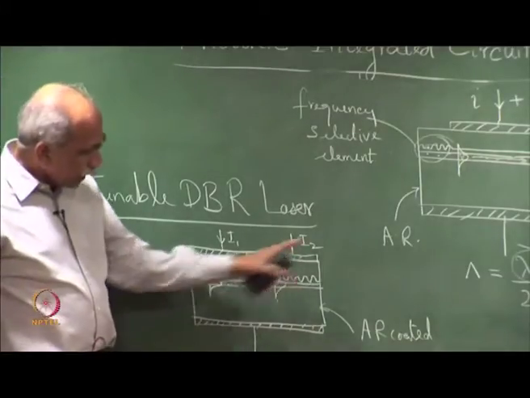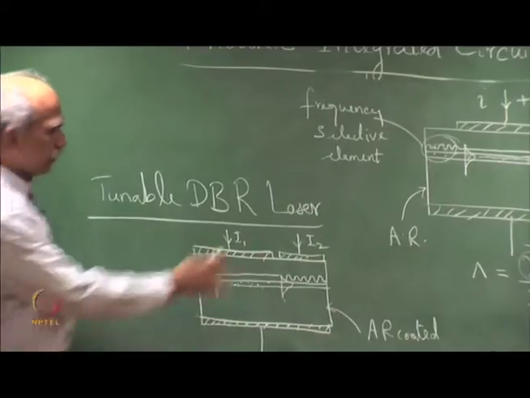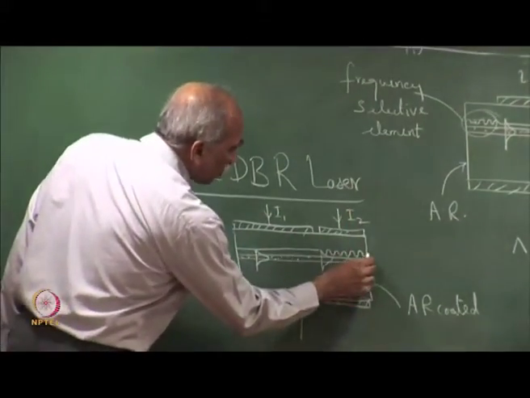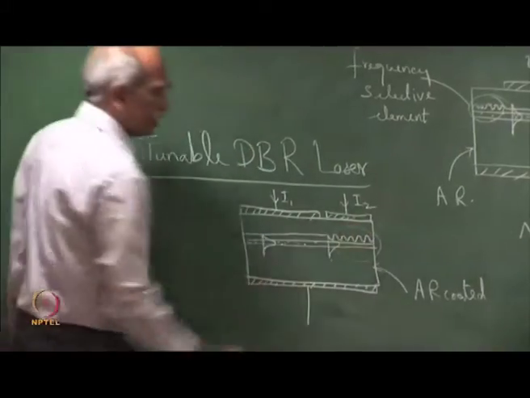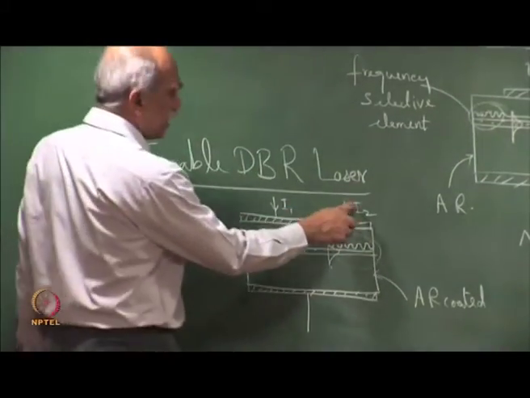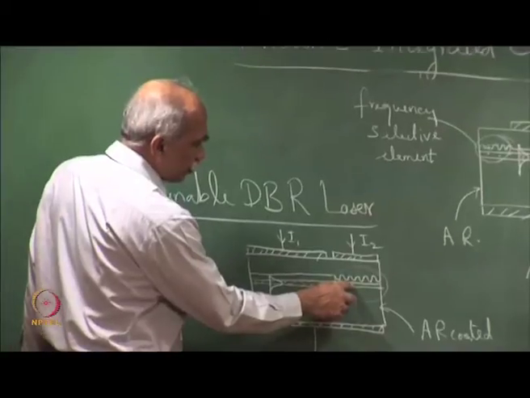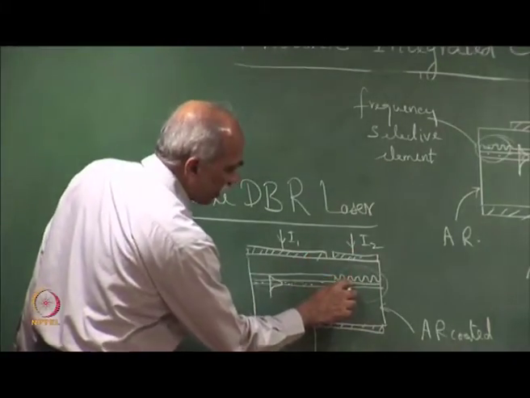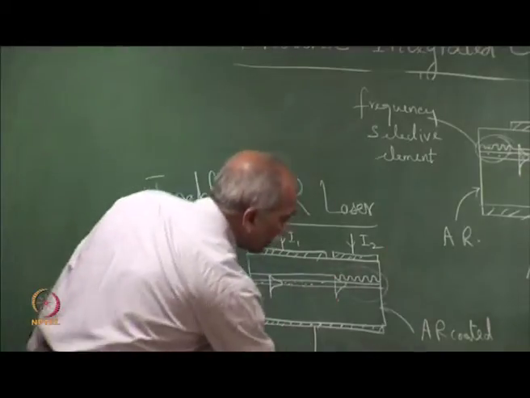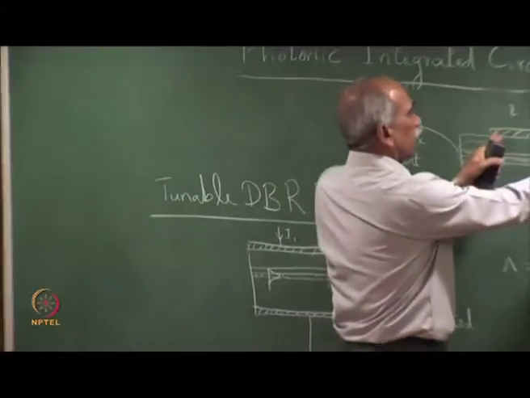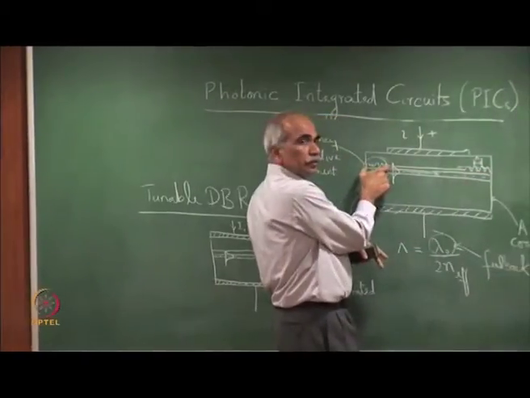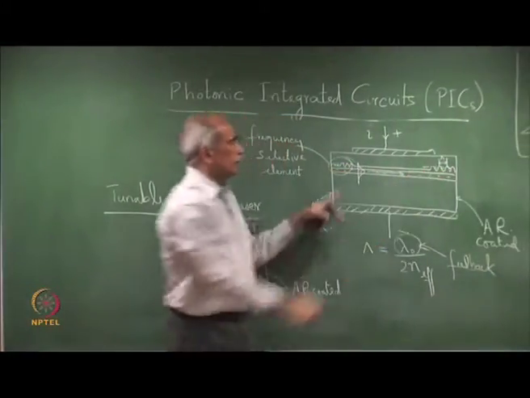the current I 2 here is primarily to control the selected frequency, because a current injection leads to a variation in the refractive index. As we have already seen, in the earlier case the current was not flowing through the periodic grating element at the ends.